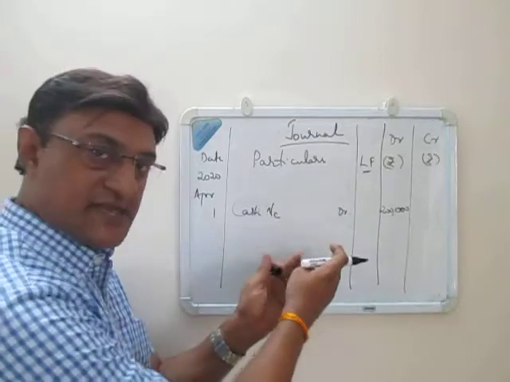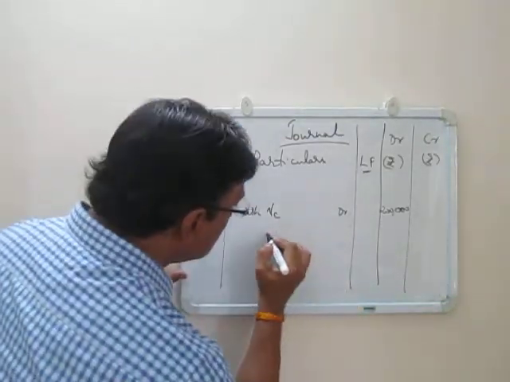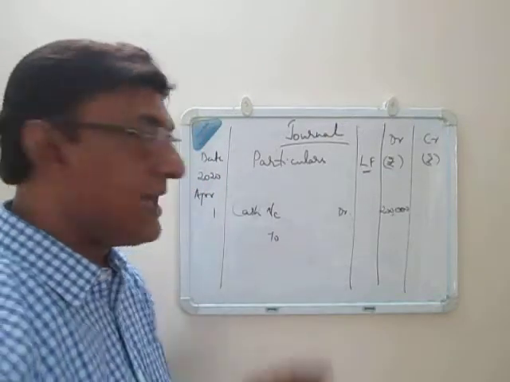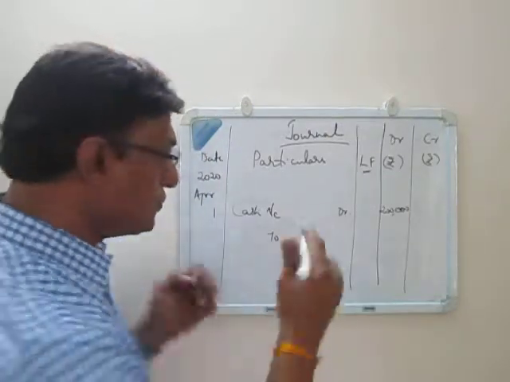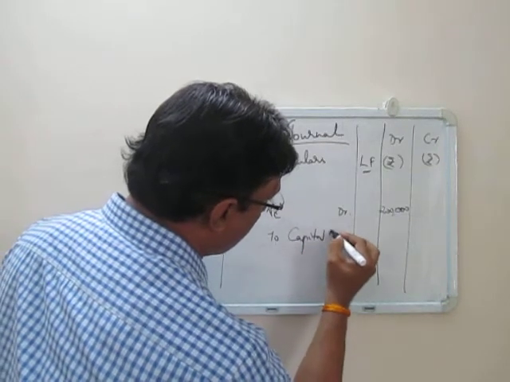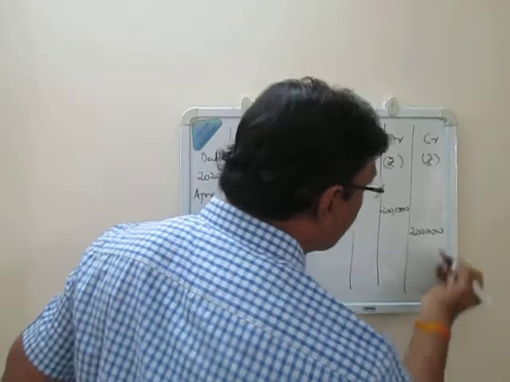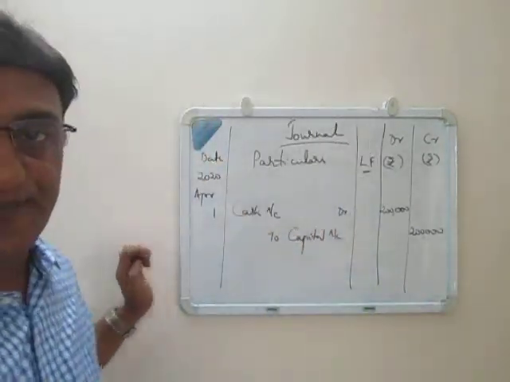Then leave a space, have an internal margin and start with 'To' and put the credit account. To capital account, rupees 2 lakhs as the credit leg of the transaction.